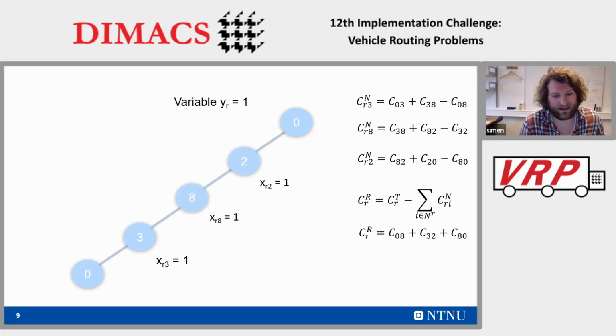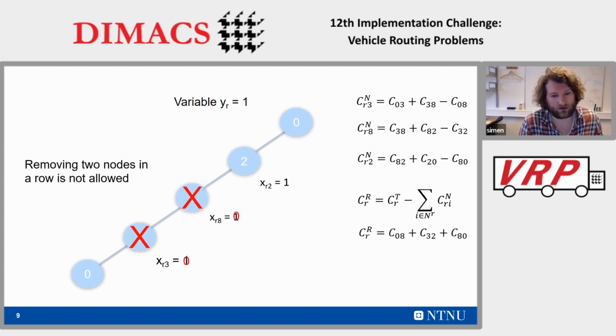But one thing is that we cannot remove 2 nodes in a row, because then our cost structure will break down. And this is actually a problem on the split VRP with these instances, because as some of you might have noticed, many of the instances that we use for the split VRP problem break the triangle inequality all the time.